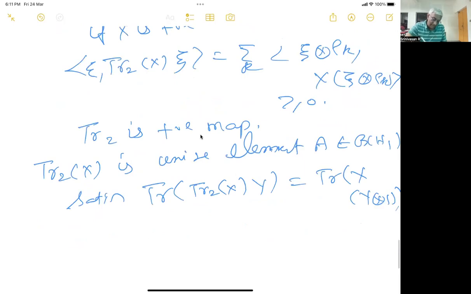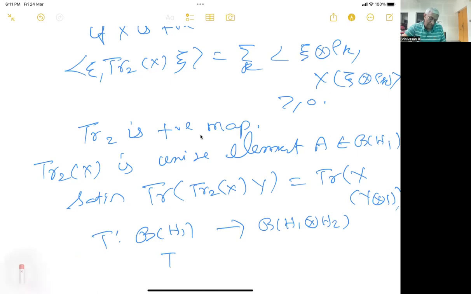This just says that trace 2 is nothing but this map. I mean, trace 2 is a map. See, we define a map T from B of H1 to B of H1 tensor H2, which is A going to A tensor 1.